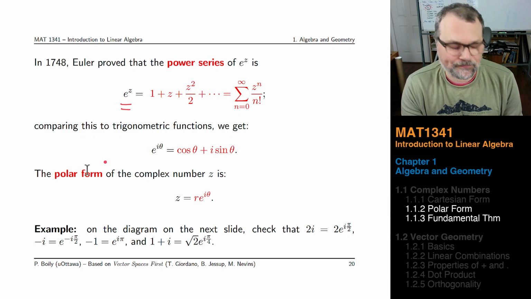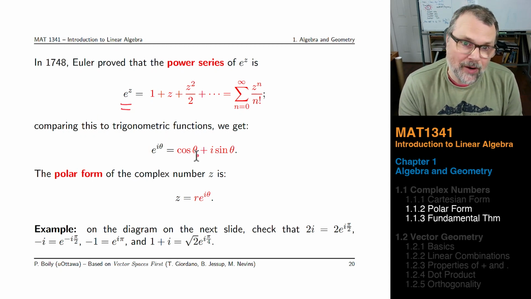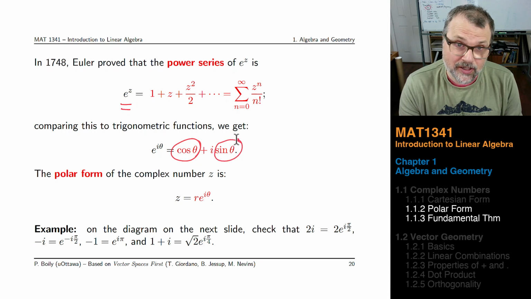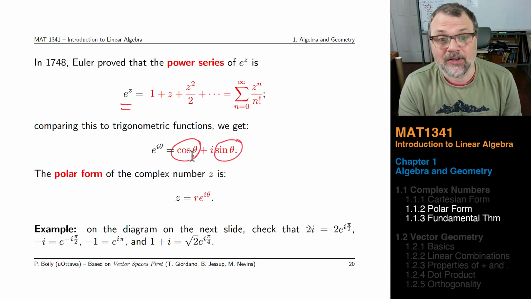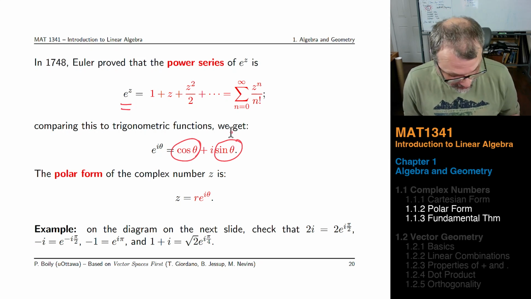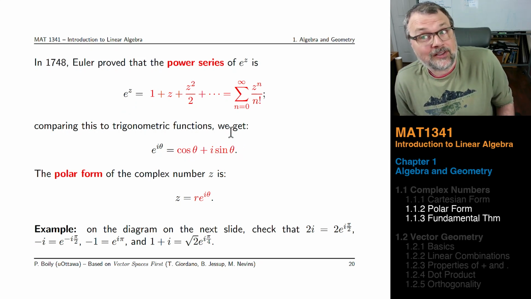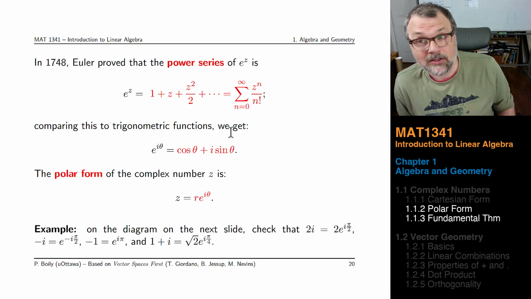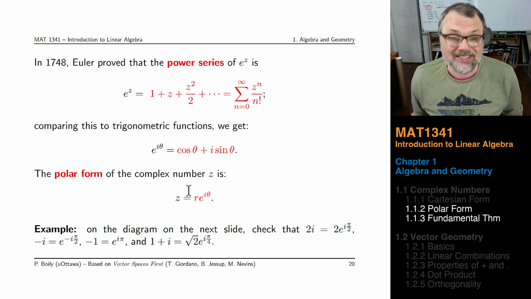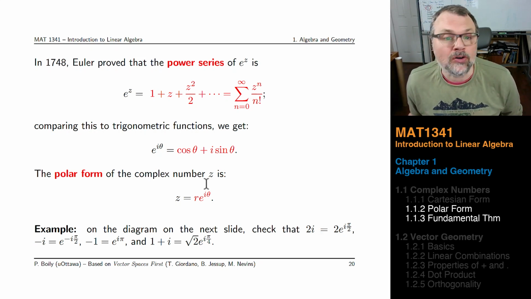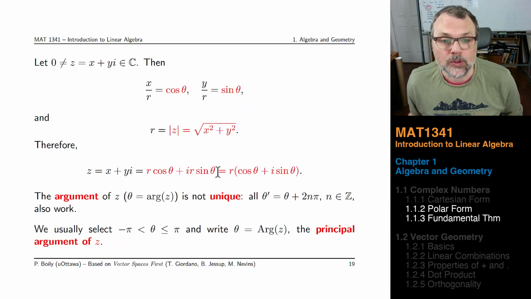If you were to also do a power series expansion for cosine of theta and for sine of theta, you would find that e to the i theta is exactly the same as cosine theta plus i sine theta. Here, I have to ask you to take this on faith if you haven't yet done it, but it's a way for us to simplify the writing of the polar form, which was r times cosine theta plus i sine theta.